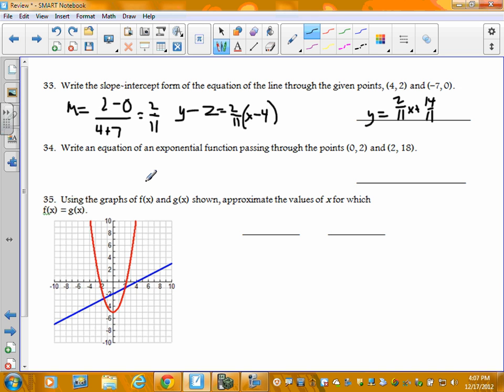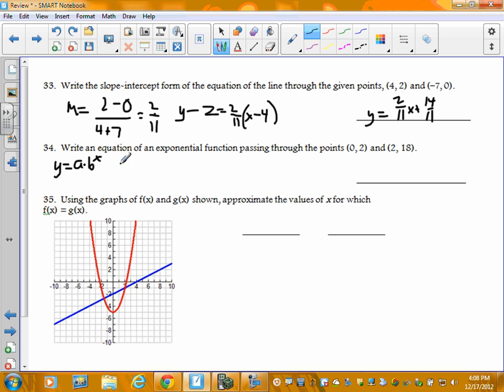All right, something similar to the next one: you write an equation in y equals a times... it says write an exponential function, so y equals a times b to the x. What we're going to do is create two equations by plugging these numbers in.